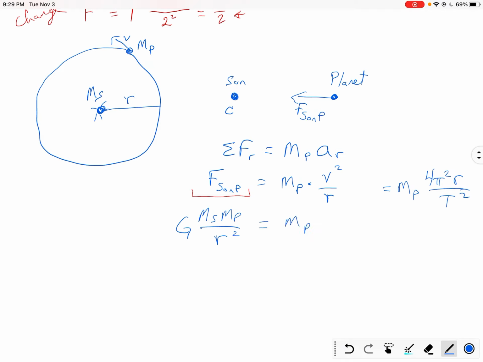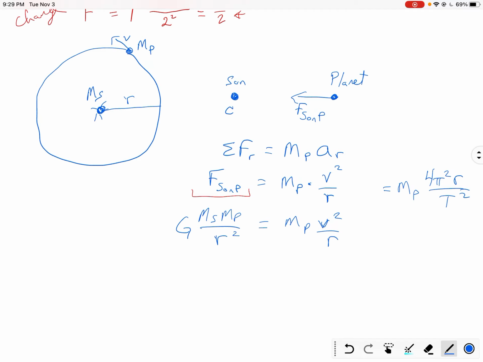And the right side of our equation stays the same. And there you go. There's an expression that relates the mass of the sun, the radius, and the speed that the planet is moving around it.